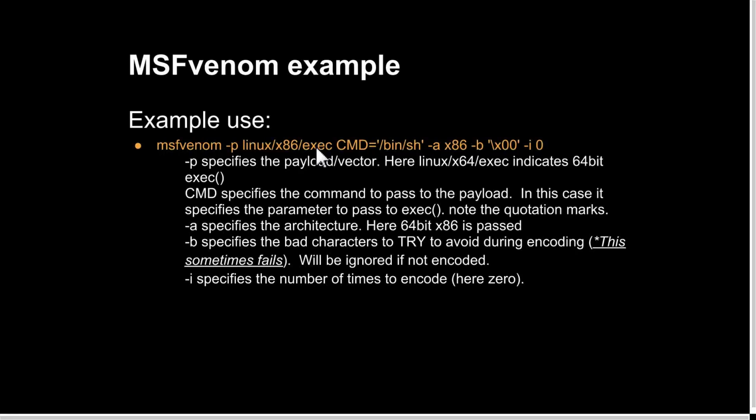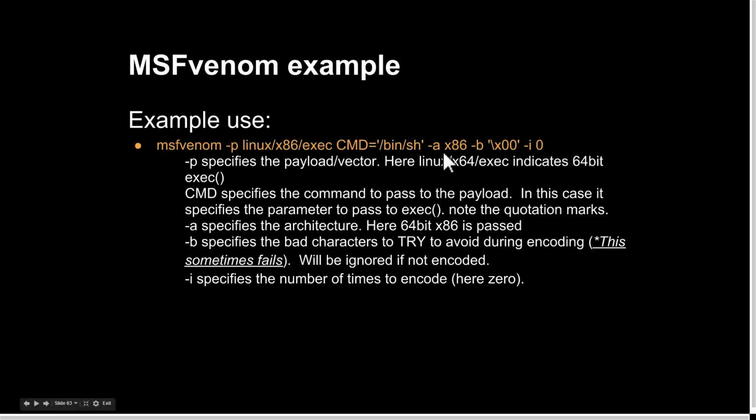For instance, in Linux x86, the classic exec. Basically push the arguments in the right way, following the calling convention, and pass it the parameters you need to execute /bin/sh. This is exactly what would be set up for MSFvenom.